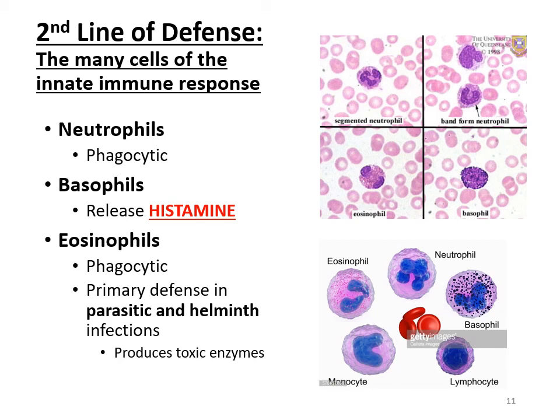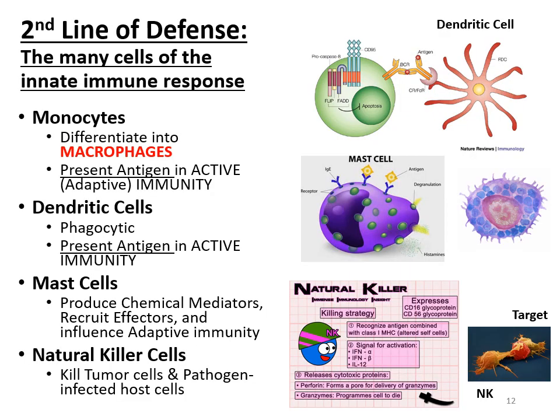So for instance, if you ever get hookworm, they like to burrow into your feet, which is why you shouldn't walk on sand or out in your front yard on dirt, anywhere where stray cats or stray animals could have been walking around and pooping, because you tend to get worm infections that way. So eosinophils help protect you and fight parasitic and worm infections by producing toxic enzymes that help break down those particular pathogens.